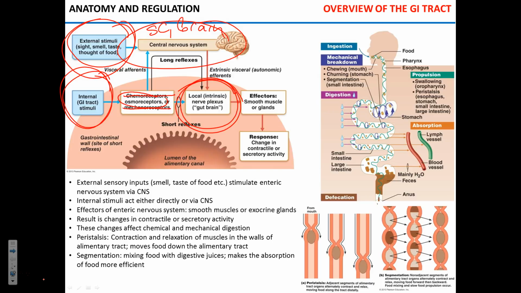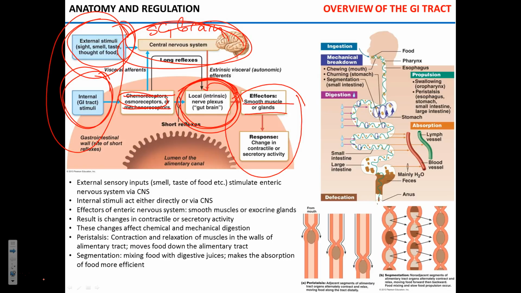So, again, stimuli working either through the local or central nervous system produce responses by the smooth muscles or glands. Smooth muscles will be responsible for the peristalsis. When you brush your teeth and you have a traditional tube with toothpaste, you do peristalsis every time you squeeze the paste out.